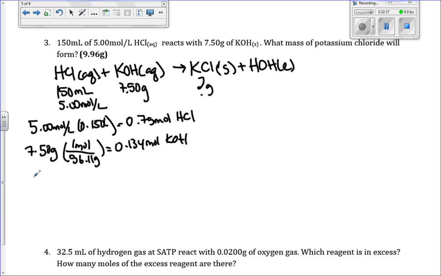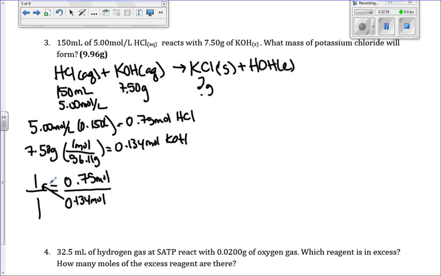Looking at the mole relationship in reactants only, we have 1 mole of hydrochloric acid to 1 mole of potassium hydroxide, and we have 0.75 moles calculated for hydrochloric acid, 0.134 moles for potassium hydroxide.